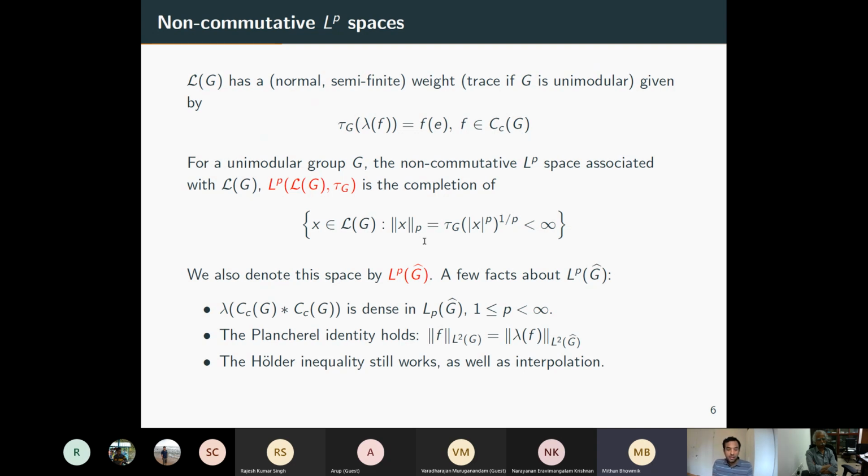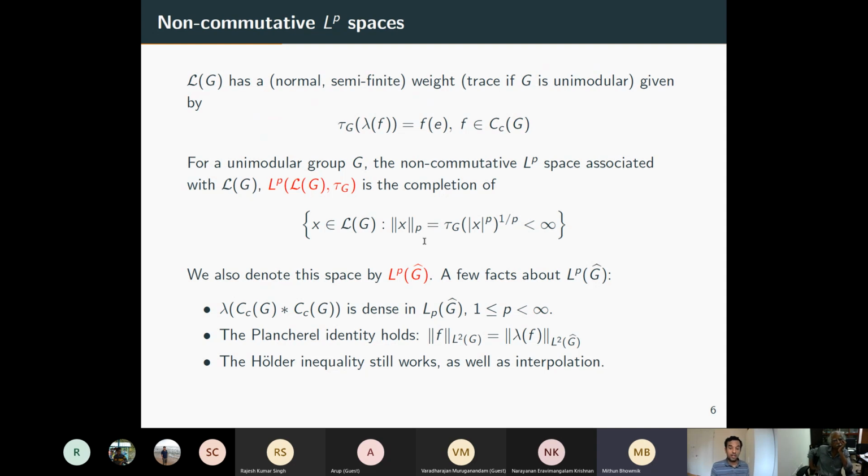These behave very well. So, for instance, the lambda of the convolution, the space of convolutions of continuous compactly supported functions, is dense inside this space for all p between 1 and strictly less than infinity, and it's weak star dense for p equal to infinity.